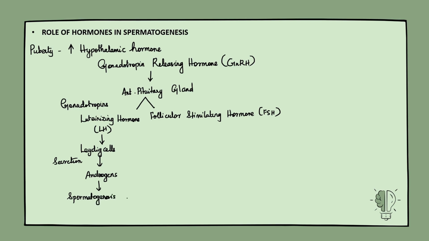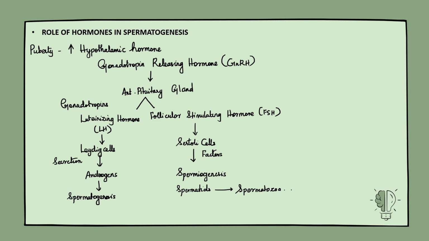While the follicular stimulating hormone acts on the Sertoli cells, to stimulate the synthesis of some factors, which help in the process of spermiogenesis. Spermiogenesis is the process of transformation of spermatids into spermatozoa.